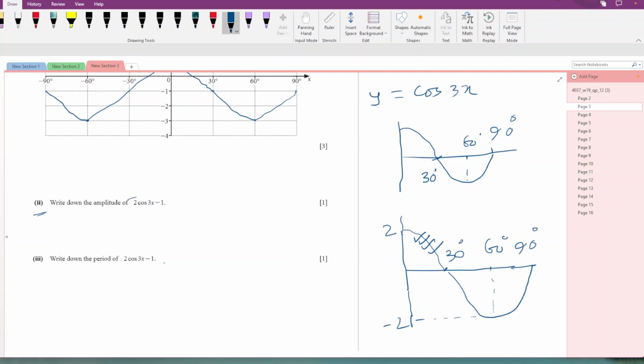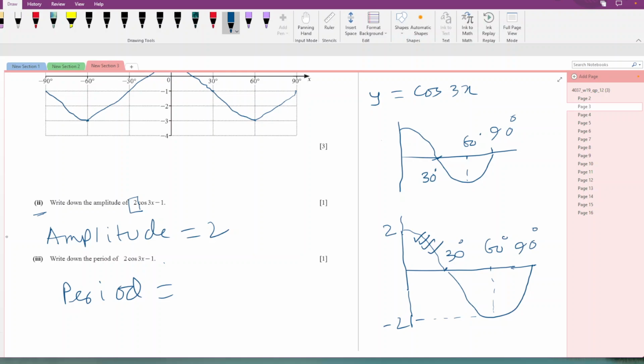We consider this 2 as the amplitude. So amplitude equals 2, and the period of y equals cos x is 360.